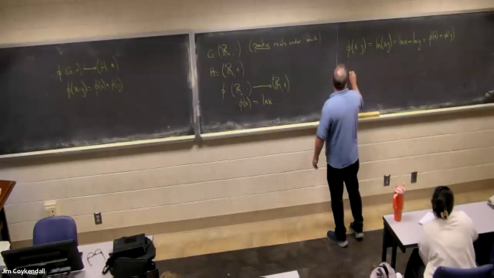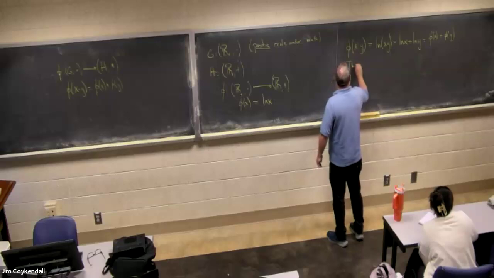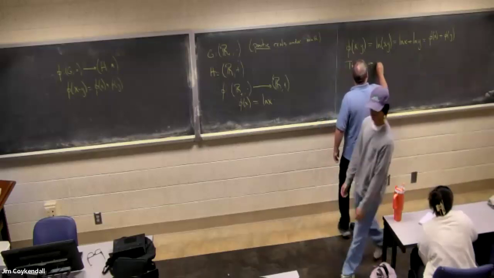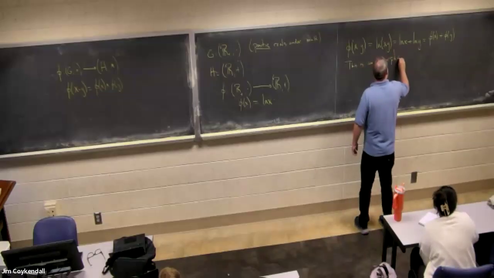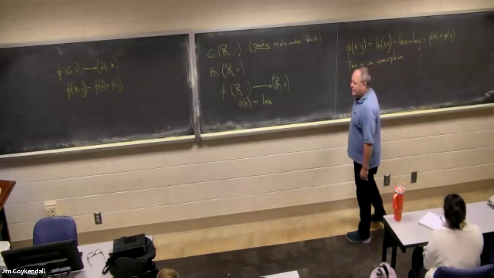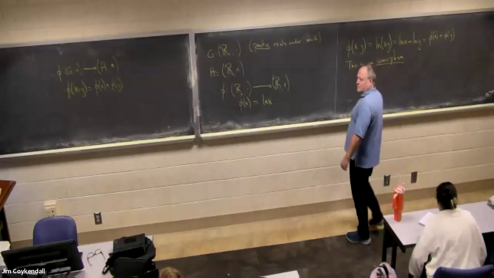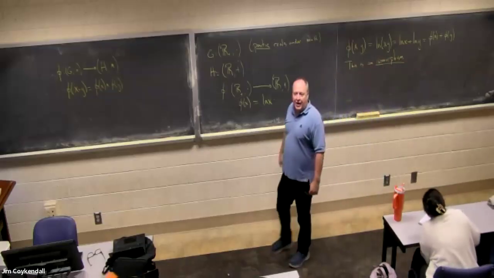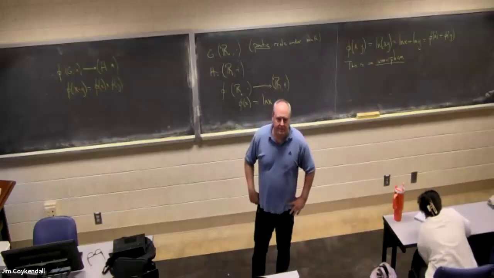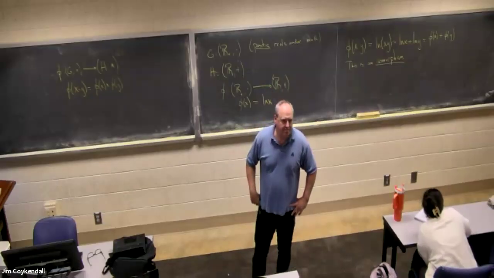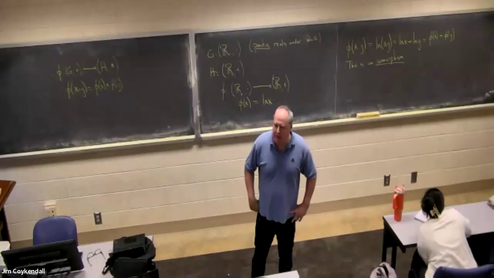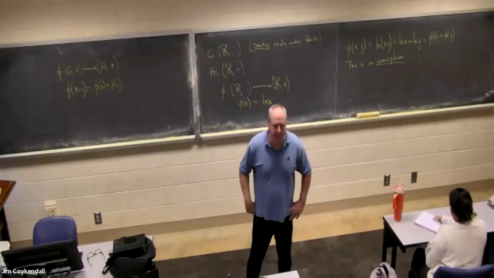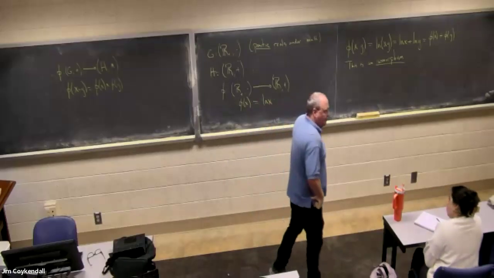And in fact, this is an isomorphism. Everybody okay with this? And in fact, I'm going to invoke some calculus to do this. To be an isomorphism, it's got to be 1-to-1 and onto, right? What do I know about the natural log?